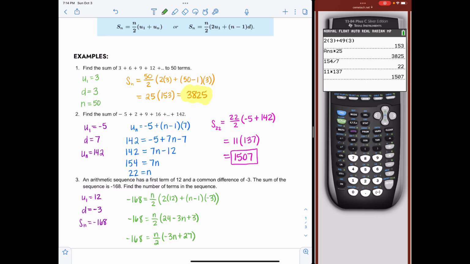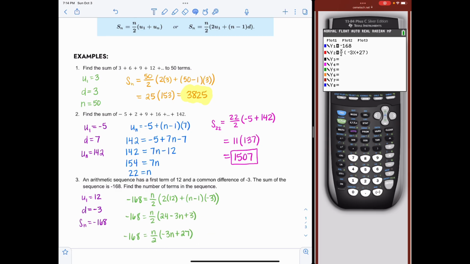And from here, we can put the left side into Y1 in the calculator and the right side into Y2. Once we do that, we can then find the intersection.